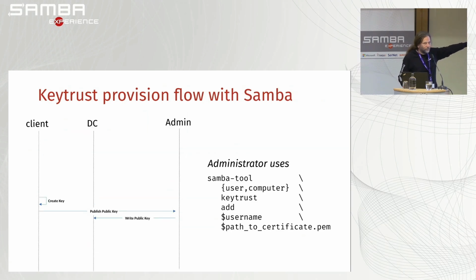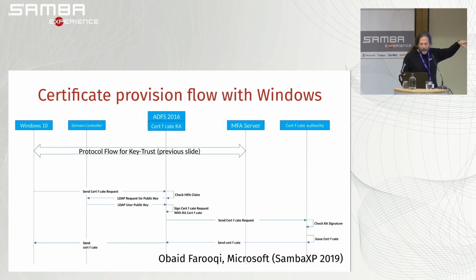It writes the thing into key credential link, which I'm actually not quite sure why it does, but then it talks to all this other stuff. Then at the other end there's the certificate authority. But you can't actually get there from Samba without ADFS and all that stuff.